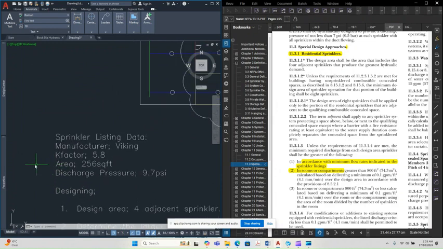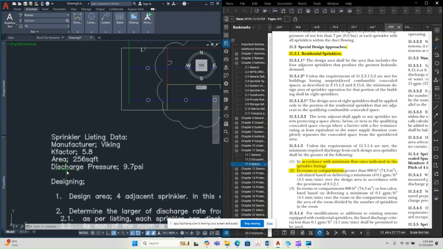Like in my case, I have chosen Viking as the manufacturer, the K factor is 4.8, the area of coverage by that sprinkler is 250 square feet, and the discharge pressure for this listed sprinkler is 9.7 psi.